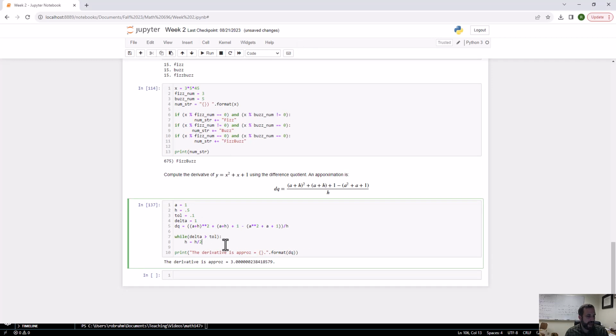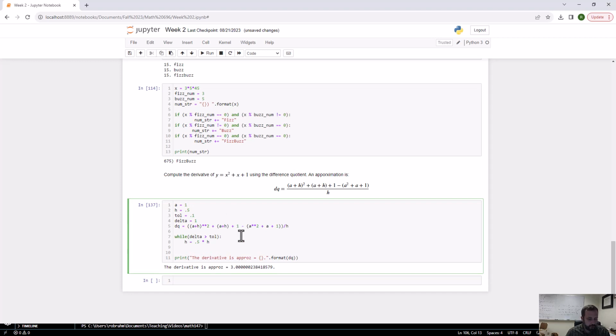So I want to say h is h over 2. If we want, we can write divide equal like we did with plus equals, but I'm just going to say h is equal to h over 2, or 0.5 times h. Okay, so h is equal to 0.5 times h.